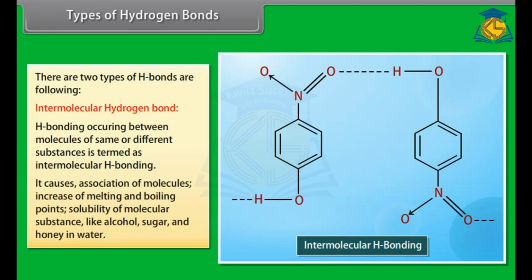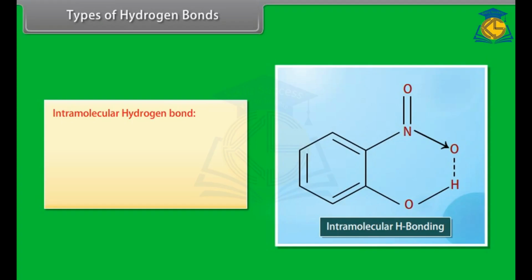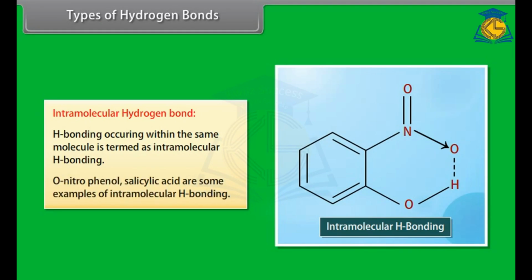It causes association of molecules, increase of melting and boiling points, and solubility of molecular substances like alcohol, sugar and honey in water. Intramolecular hydrogen bond. Hydrogen bonding occurring within the same molecule is termed intramolecular hydrogen bonding. O-nitrophenol and salicylic acid are some examples of intramolecular hydrogen bonding.